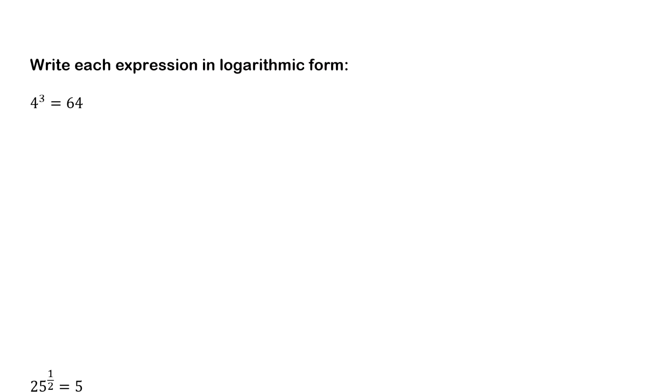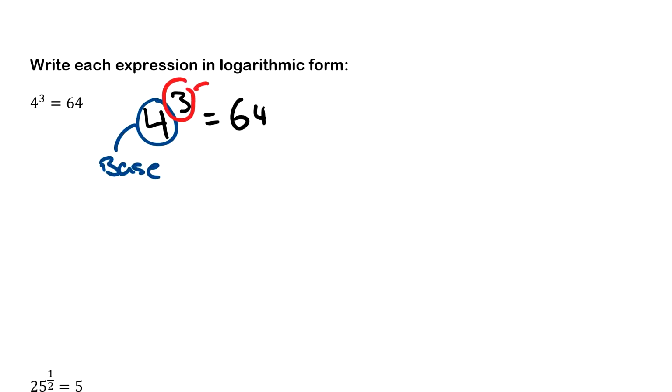Now here we're doing the opposite. We're going from index form to logarithmic form. So we have 4 to the power of 3 equals 64. Now remember, here's my base, here's my power, and finally, here's my solution.